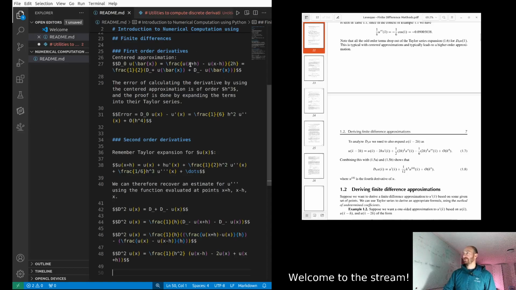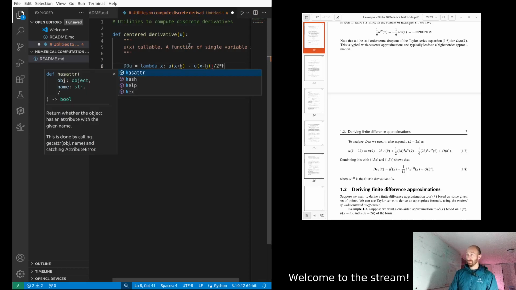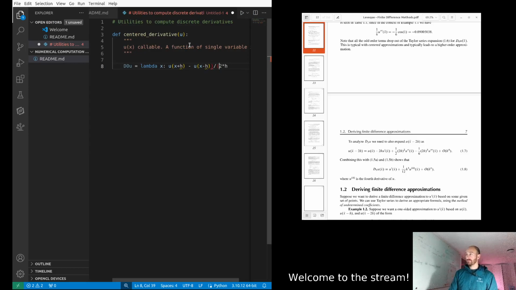So it looks like u of x plus h minus u of x minus h divided by 2h. So u of x plus h minus u of x minus h, and then we're going to divide this by 2 times h. And of course, we're noticing that we need this variable h, and of course it makes sense. Our approximation needs to depend on the h itself. And so maybe we need to give it both the function that we want to derive, but also the step of our approximation, right?